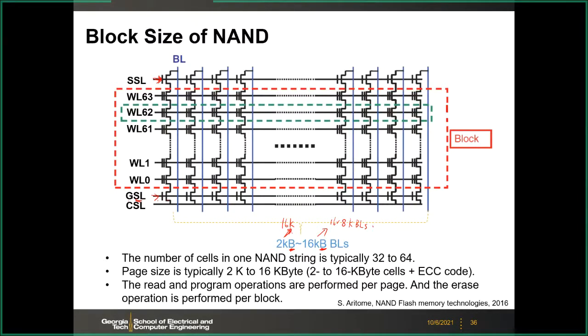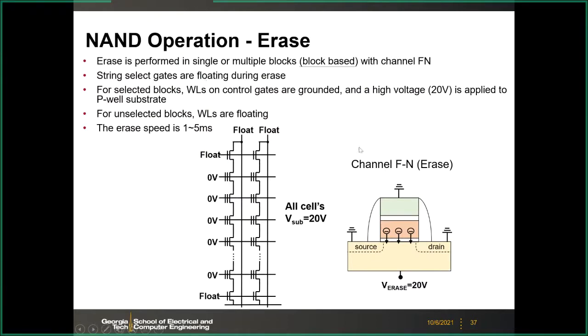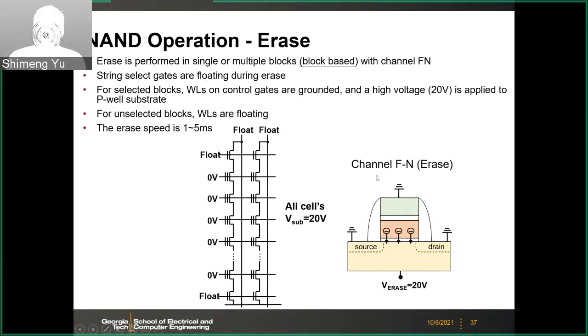And next we will show the operation principle for each of those erase, program, and read operations. For the NAND flash, the erase uses channel FN tunneling, as we discussed before. You want to get the electrons out from the floating gate. So what you can do is apply 20 volts to the substrate and ground the other terminals.